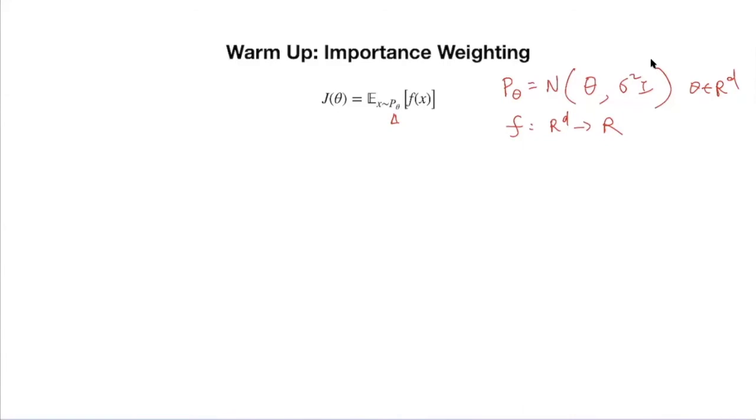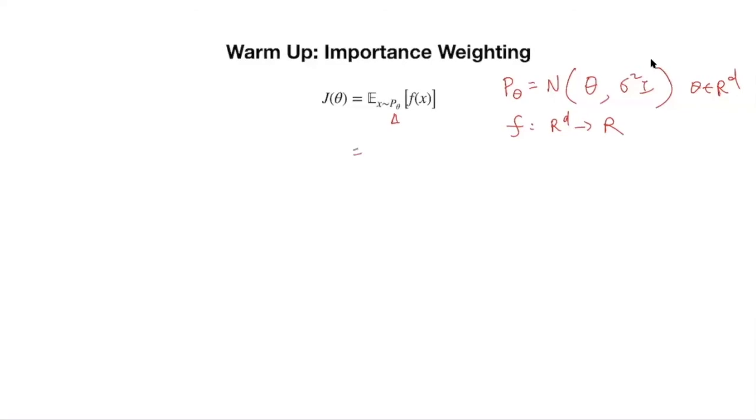But at a high level, in the abstract, this is still a function whose parameter is theta, and the output is a scalar. So I can still compute the gradient of this objective function with respect to my parameter theta. But this is a little bit complicated to compute.